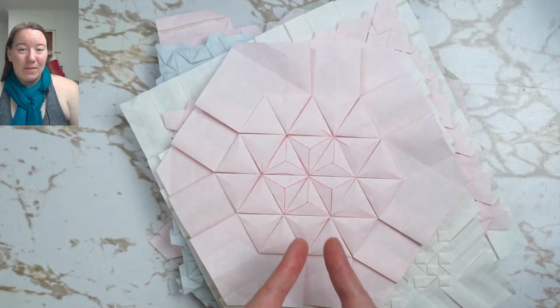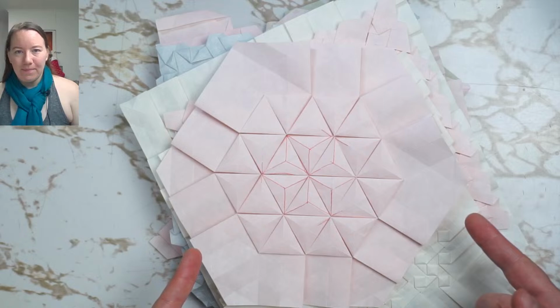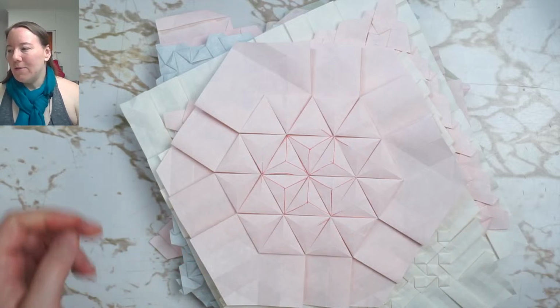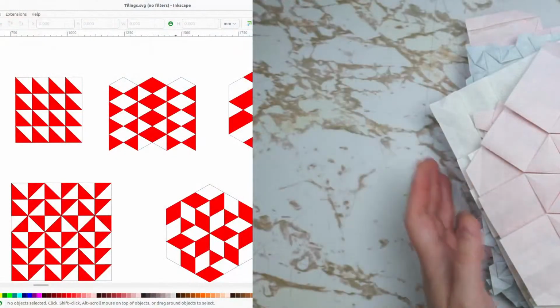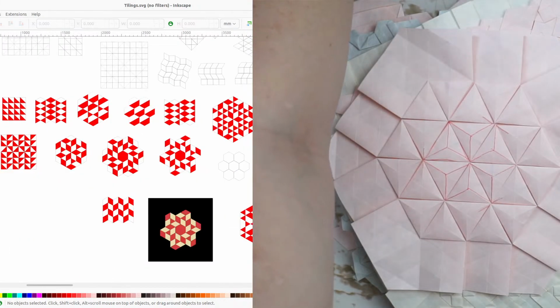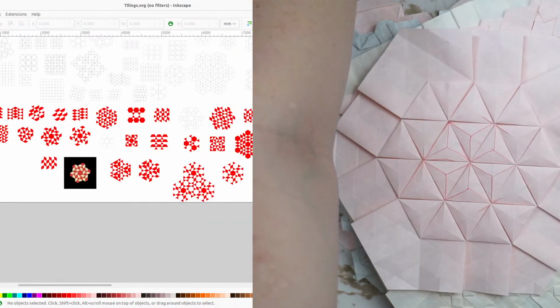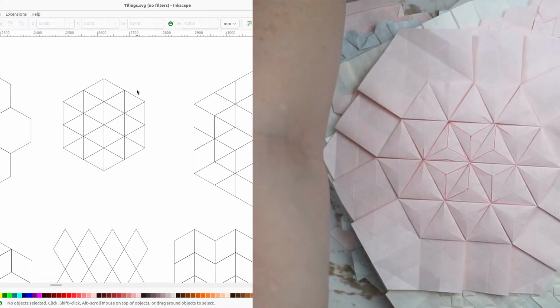And in this particular example, the tiling looks the same as the tessellation. So if we come back to those tilings, I'm going to look around in this file for that equilateral triangles tiling, which may not be colored in. Here we go.